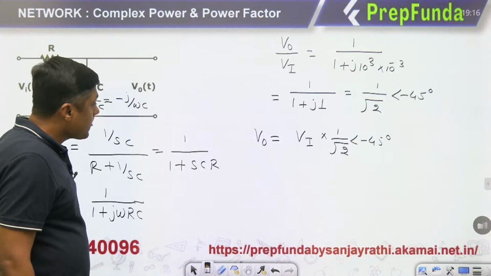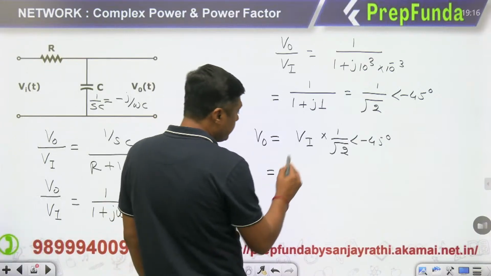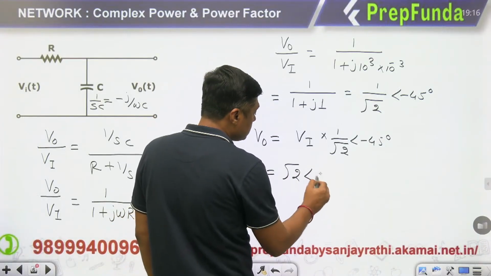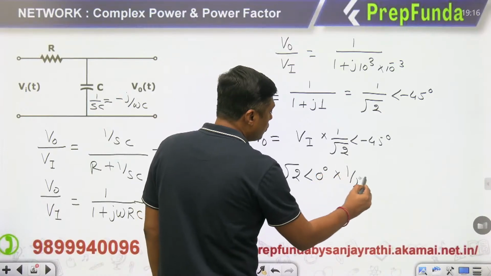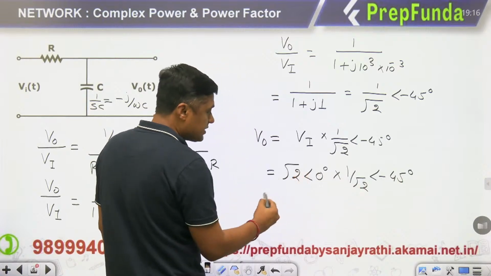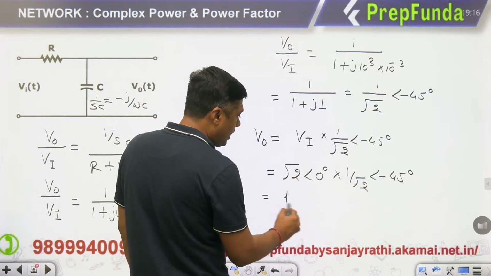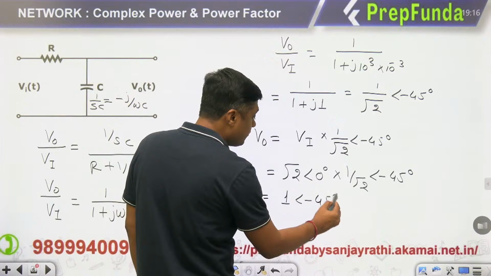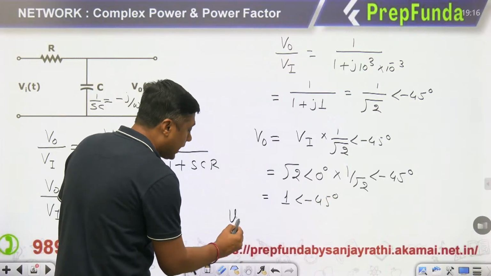Now, here you can write root 2 into 1 by root 2 angle minus 45. Then this root 2 cancels out and it will become 1 angle of minus 45. This is in phasor. So what will be the time domain?